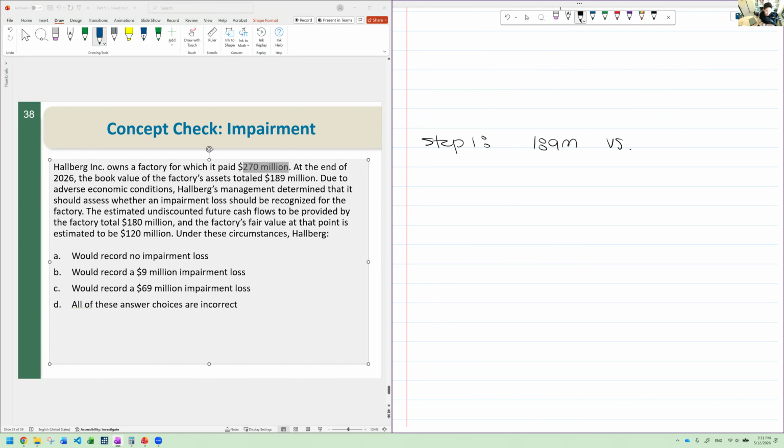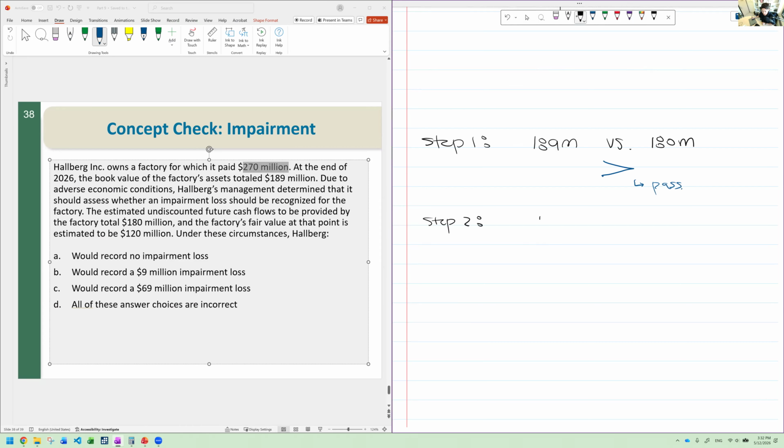Due to adverse economic conditions, the company's management determined that it should assess whether an impairment loss should be recognized for the factory. The estimated undiscounted cash flows to be provided by the factory totaled $180 million. So the book value is greater than the cash flow, so we pass the step one test. Let's move on to step two.